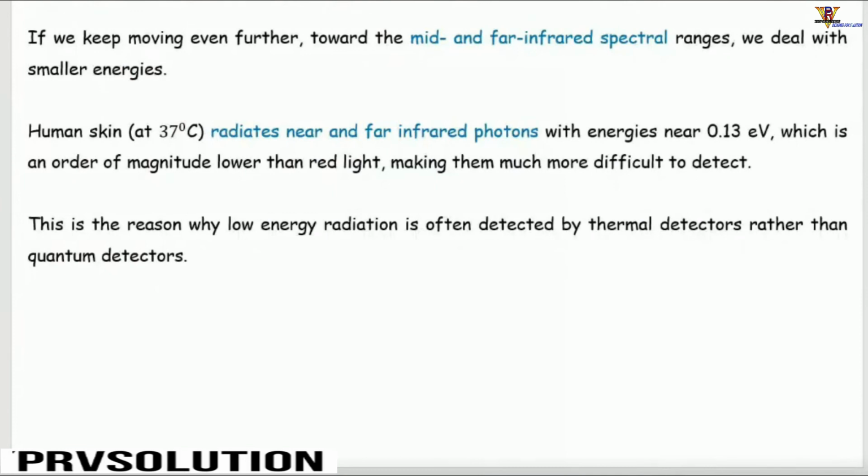Now for detecting these, we need thermal detectors. Nowadays we have different types of detectors. They can detect several things associated with the human body, without inserting anything: the heartbeat, heart rate, oxygen level in our body, and many more.